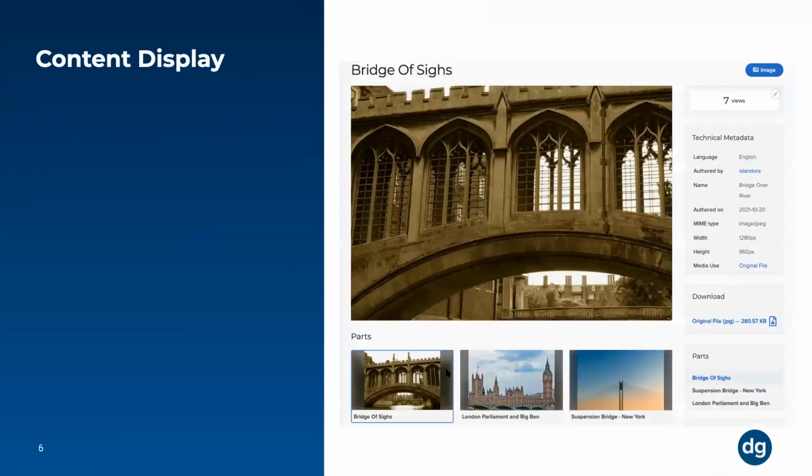As for content display, there's a few things that we have here. Out of the box, there are a couple of ways that we display content, and you can see it here. We display the thing that is attached to content. We display a little bit of information about the content.